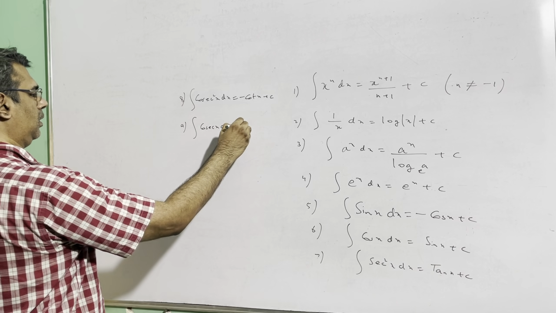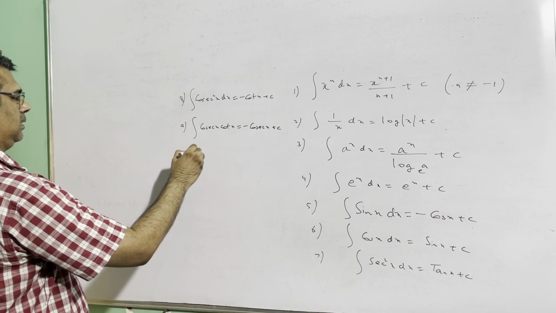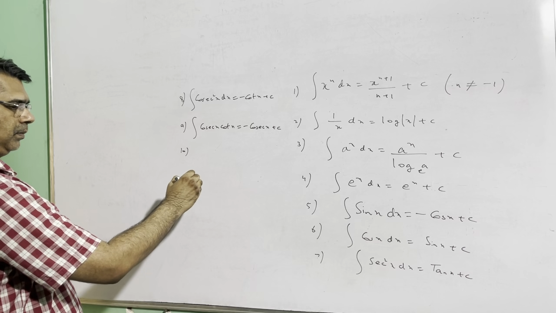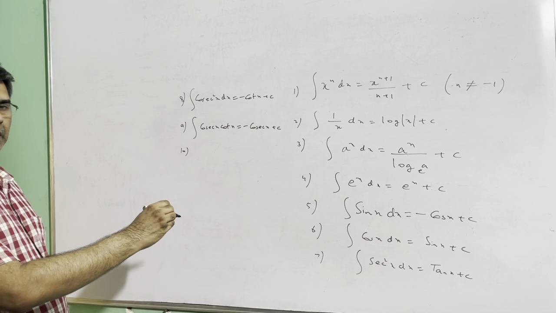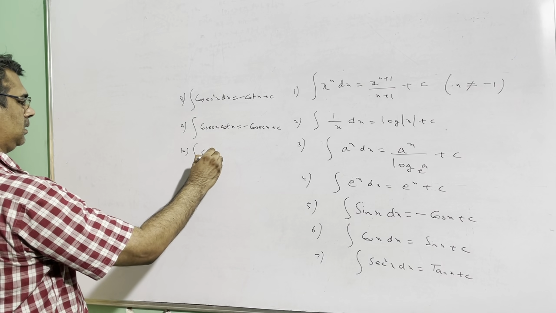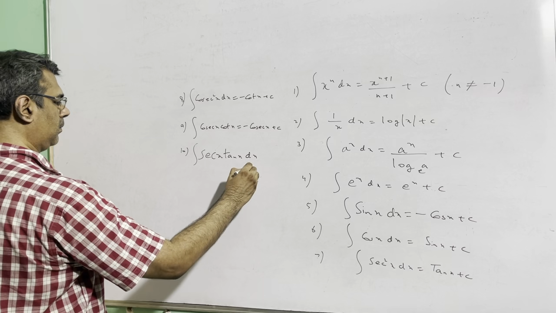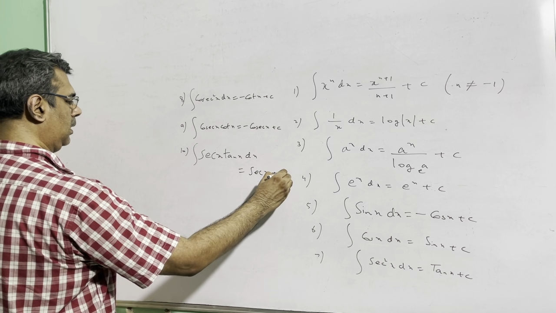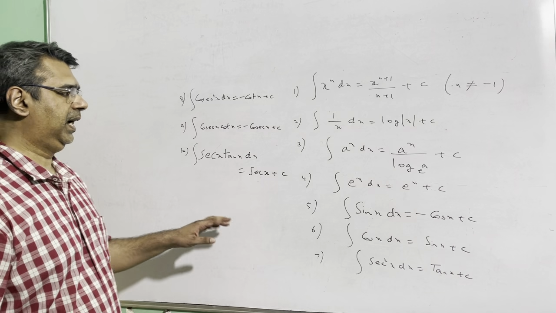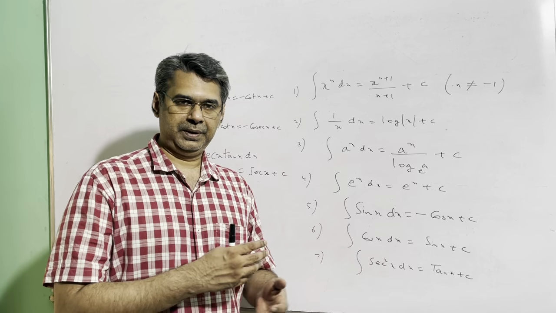Integration cosec x cot x is minus cosec x plus c, and then integration sec x tan x is equal to sec x plus c. Okay, so these are the 10 basic formulas of integration which we did in the previous class.